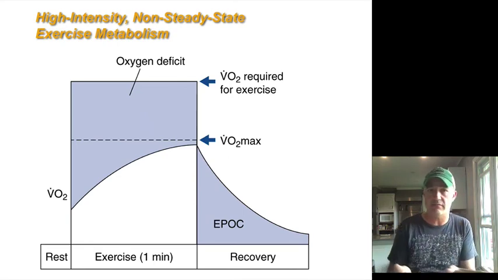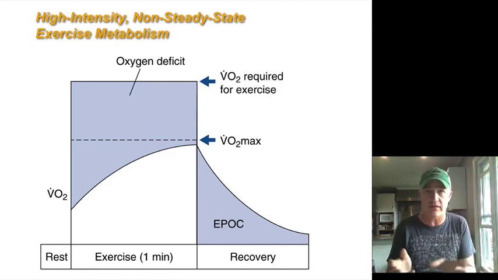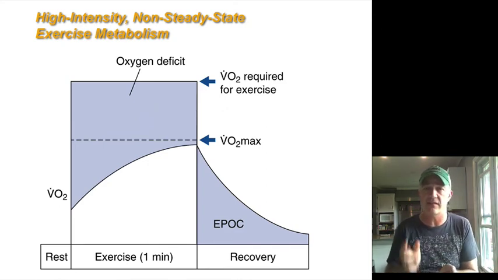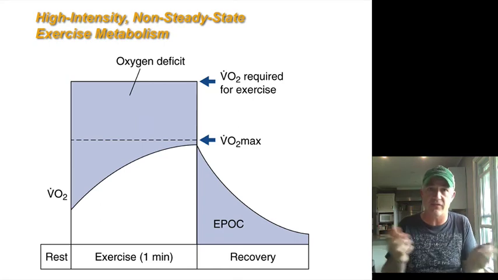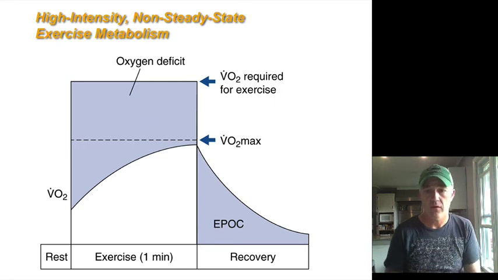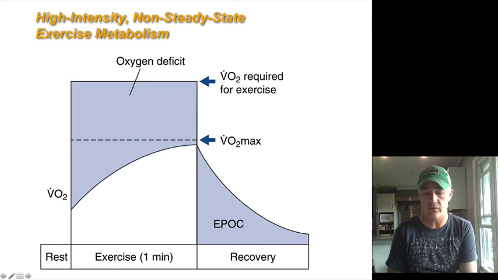Evolutionarily, that is not a good thing. If there are predators around, that's not a good thing. So what the body usually does is, as quickly as possible, try to get these things back to as much of a pre-exercise state as it can. So if you did have a need for a fight or flight type of thing here, your body is ready to go again. We can see here with these higher intensity ones, it is going to take a little bit longer to recover those.